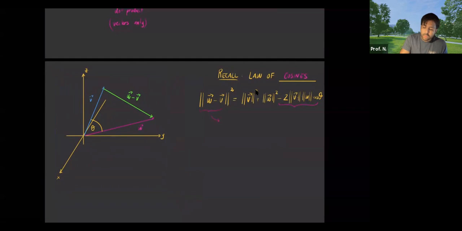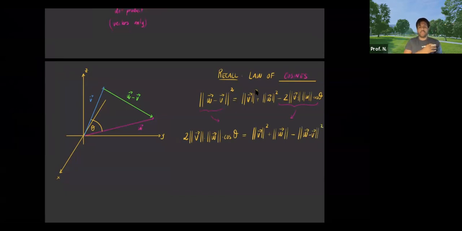So this becomes 2 times the norm of V multiplied by the norm of W times cosine of the angle, equal to the norm of V squared plus the norm of W squared minus the norm of W minus V squared.